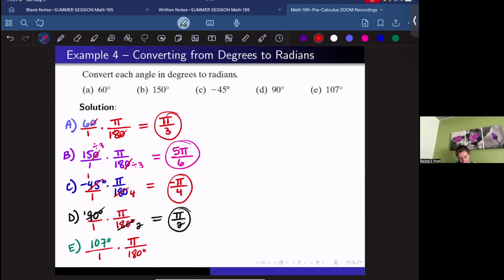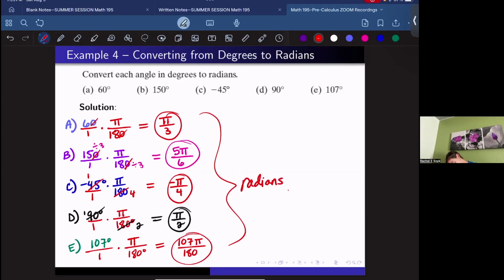Yeah. So our answer is just 107 pi divided by 180. And again, all of these are in radians for your units. And we're done.